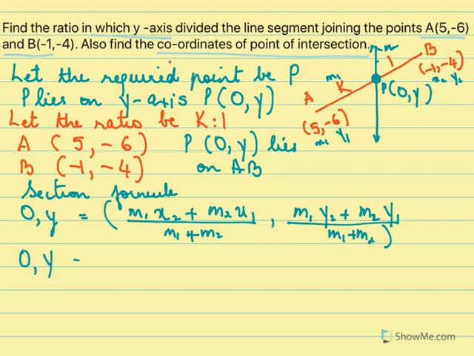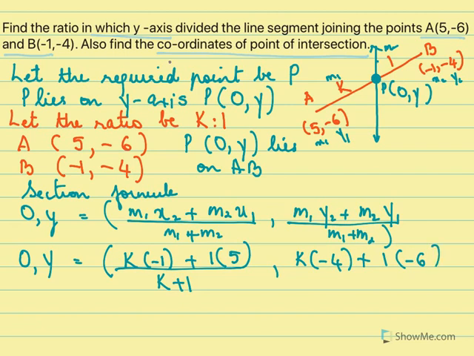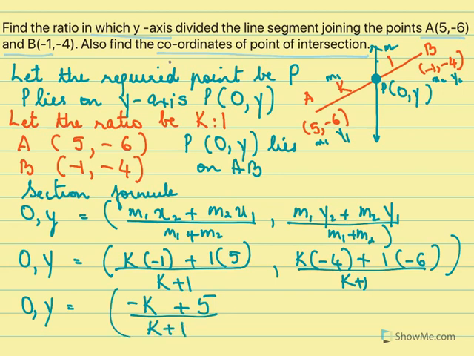We have (0, y) equal to, the ratio is k is to 1, so ((k into -1 + 1 into 5) over (k + 1), (k into -4 + 1 into -6) over (k + 1)). So (0, y) equals ((-k + 5) over (k + 1), (-4k - 6) over (k + 1)).